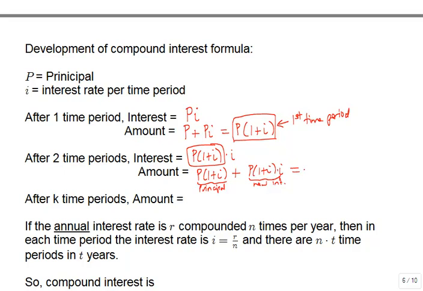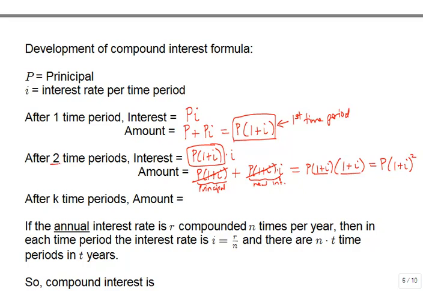So look at these two expressions. Again, I'm going to do a little factoring here. They both have a P, and they both have that parentheses 1 plus I. So if I factor that out, then this would be gone completely and I'd have a 1 left over. This would be gone and I'd have that plus I left over. And now there's two of these, so I could rewrite this as P parentheses 1 plus I squared.